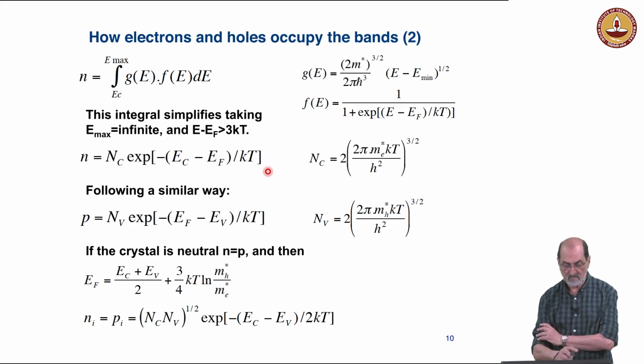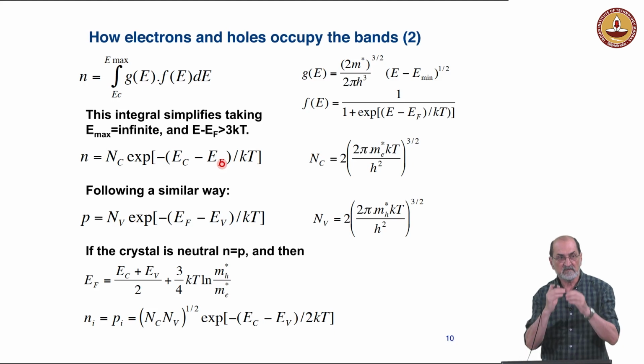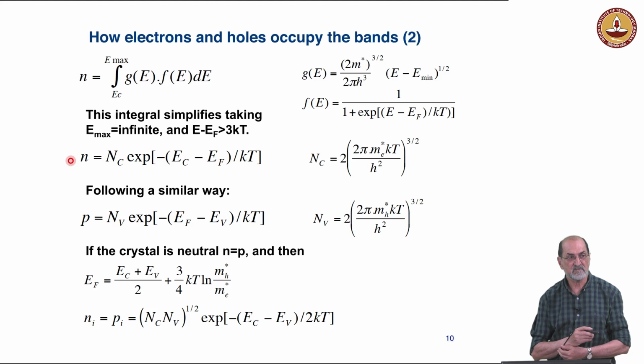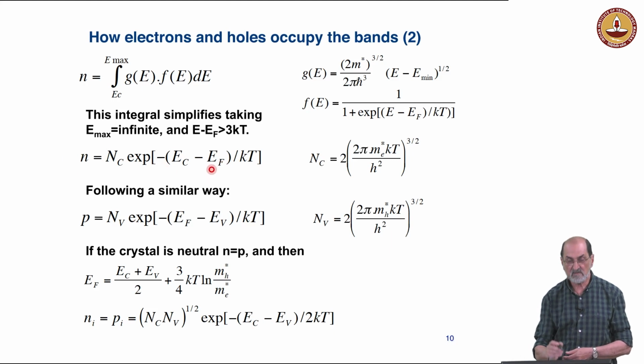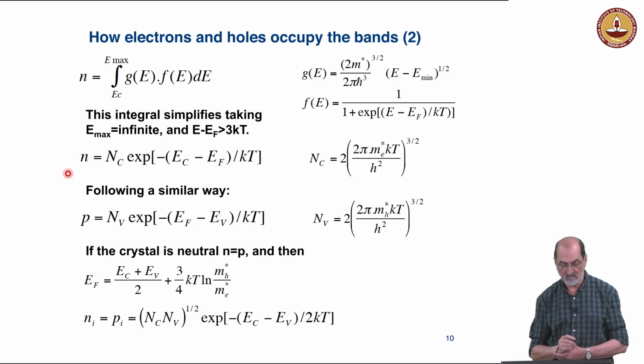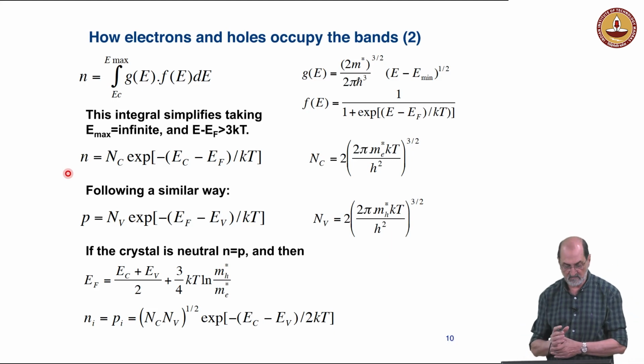The larger EC minus EF is, so the deeper the Fermi level is in the gap, the more the number of electrons decreases. As this difference is smaller, the Fermi level goes up, and the number of electrons increases exponentially, which we would expect, because the Fermi function gets into the conduction band.